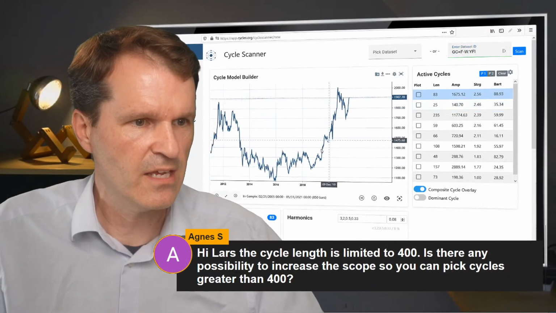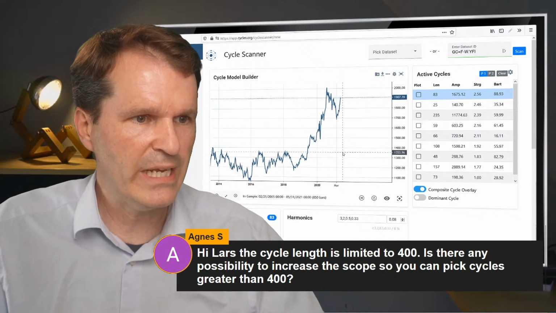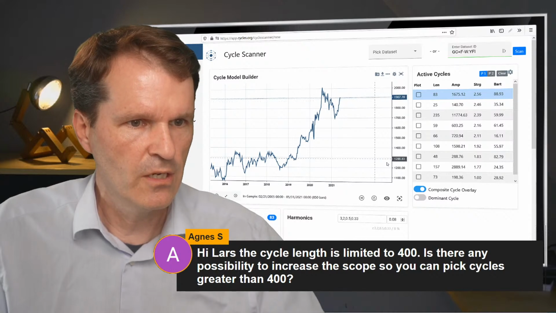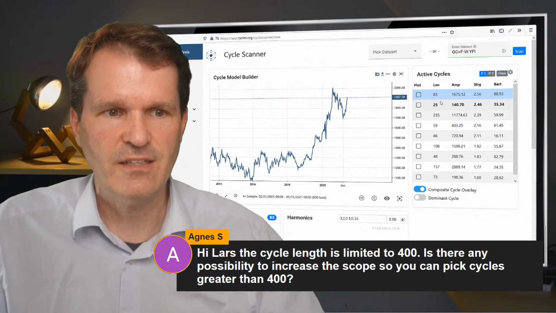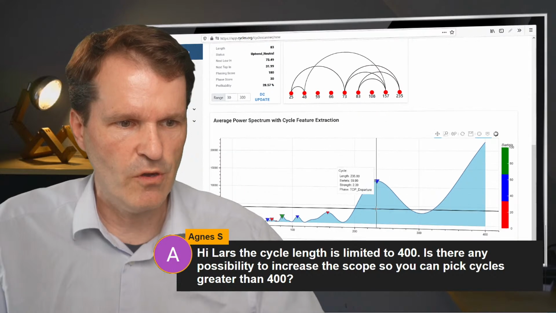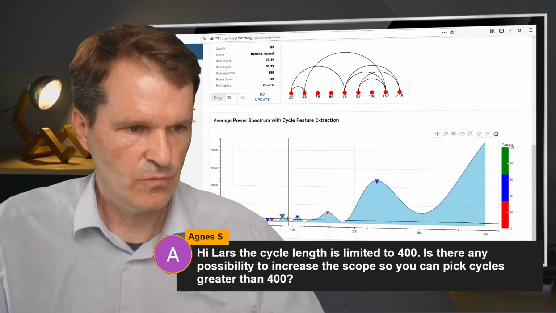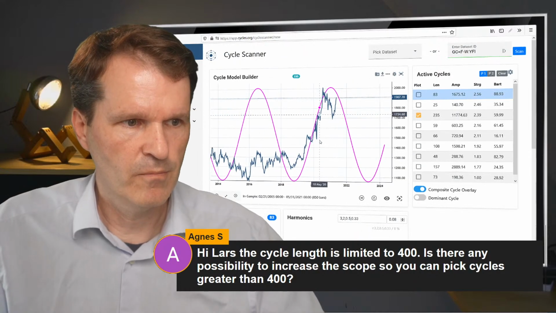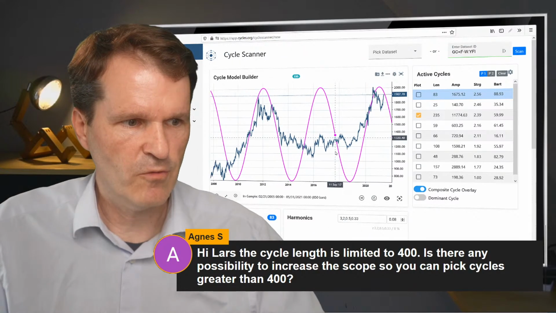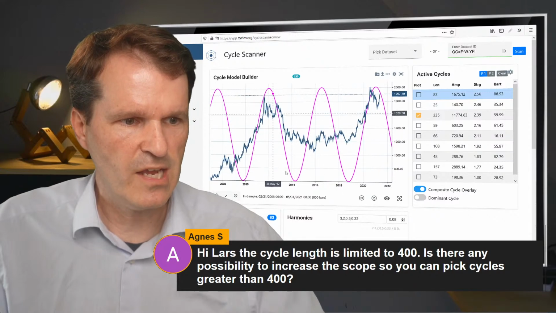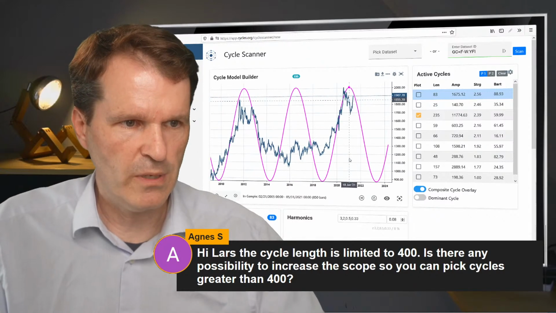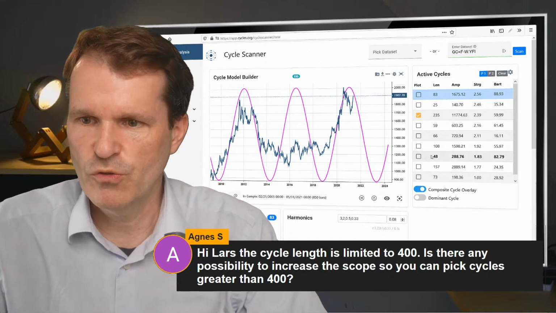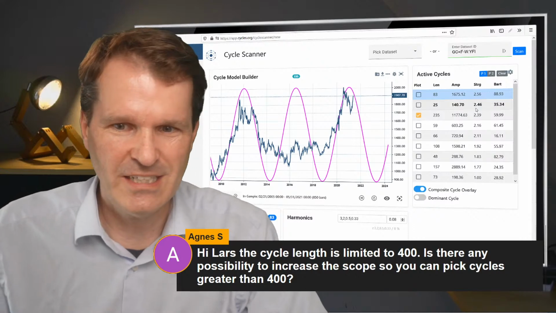Now I have pulled up the weekly data on the gold futures here, and what you see is the length of the cycles in terms of weeks. We could choose this cycle here from a weekly time frame, and you see that this takes into account almost 20 years of data. But this is the weekly data, if you want to look for longer cycles than just 400 days.